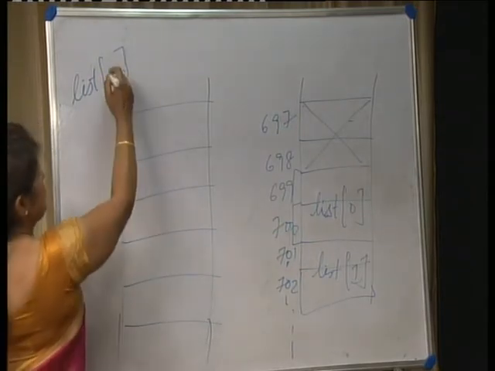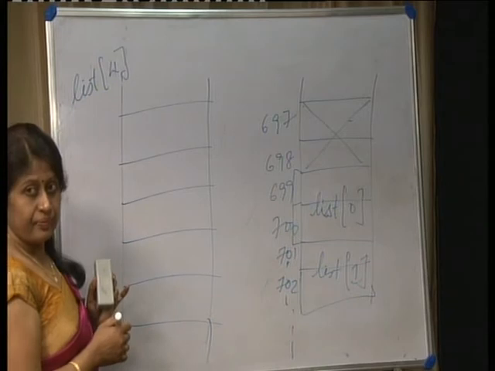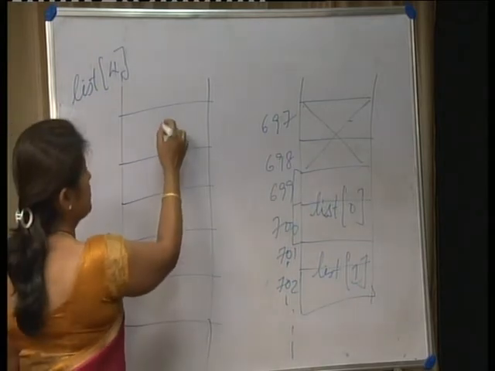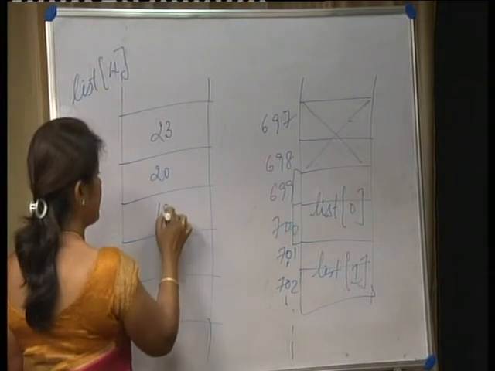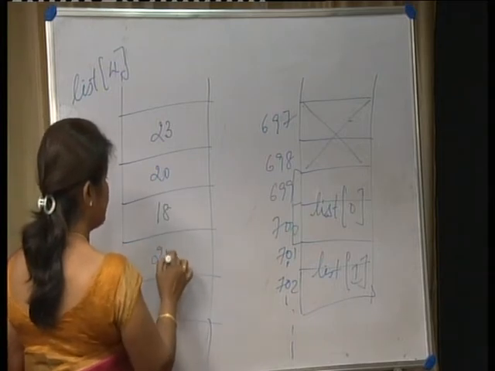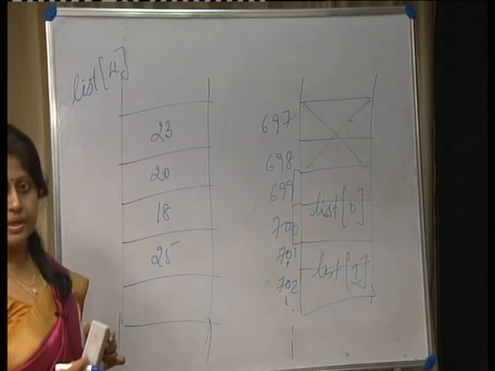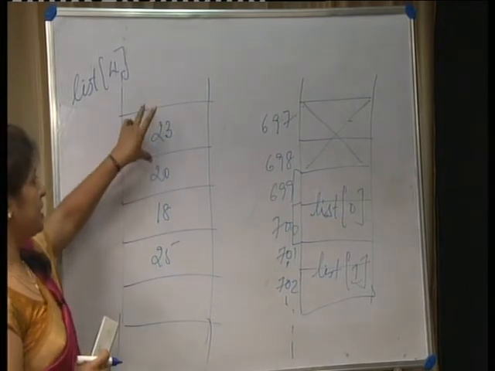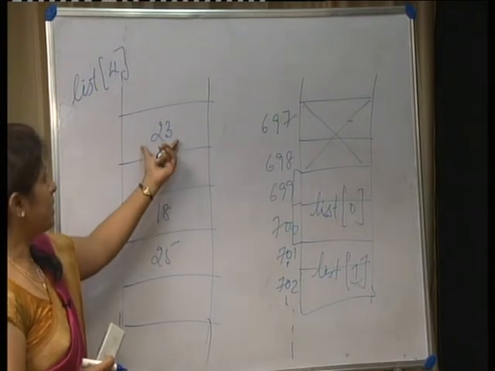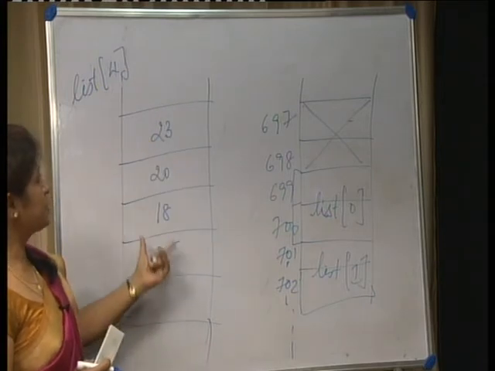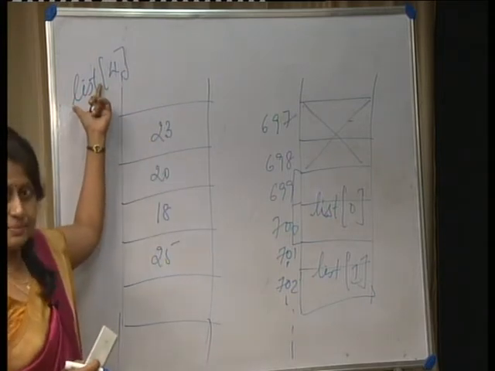It might contain say 4 elements over here, and I will give the values such as 23, 20, 18 and 25. Here I am assuming that each of these is 2 bytes of memory. So, you have 4 values within the array called list.